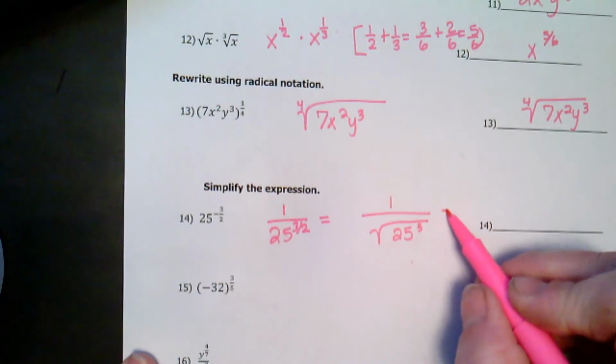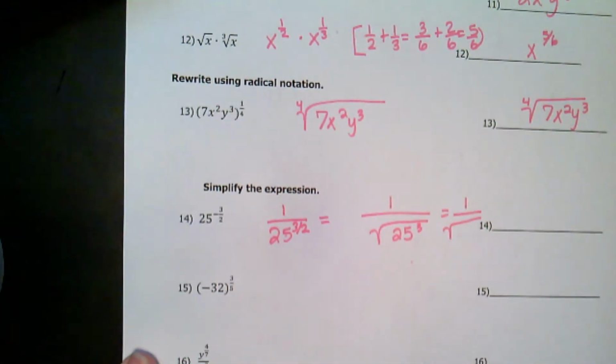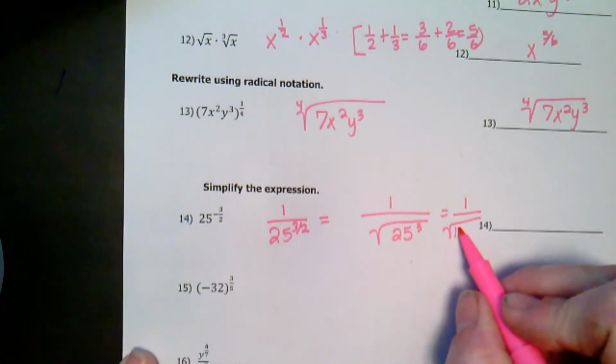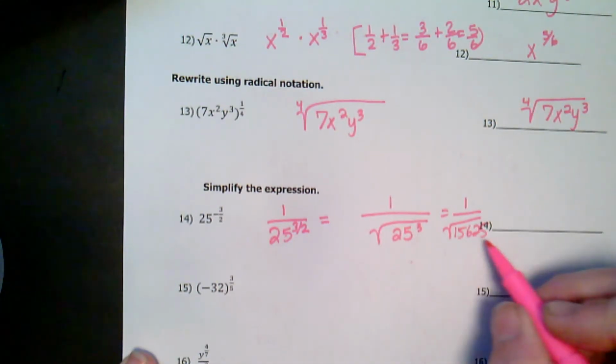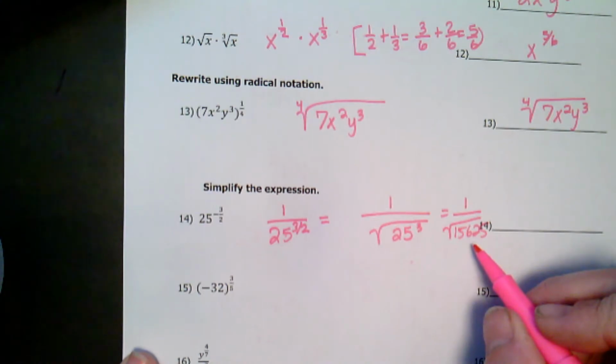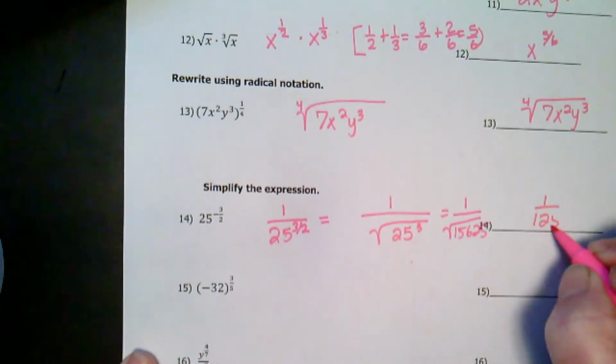So this would actually be 1 over square root of 25 times 25 times 25, which is 15,625, and then the square root of 15,625 is 125, so 1 over 125.